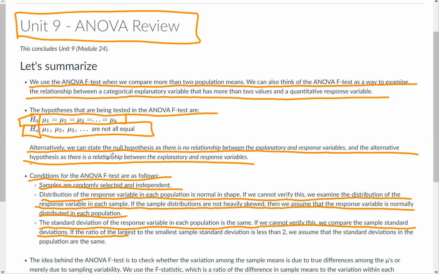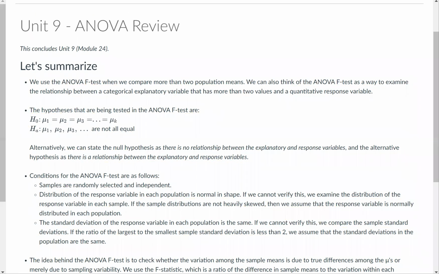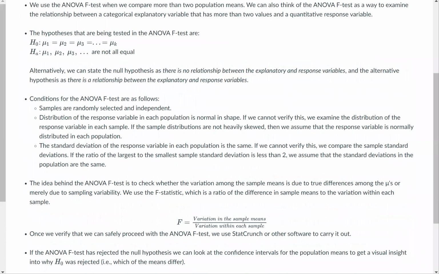If the ratio of the largest to the smallest sample standard deviation is less than 2, we just divide the largest by the smallest. If you get something greater than 2, then you can't use the ANOVA F-test. But if you get something less than 2, like we saw in the previous examples in this module, we assume that the standard deviation in the populations is the same, basically. If it's less than 2, maybe the difference might just be due to chance instead of due to actual differences.